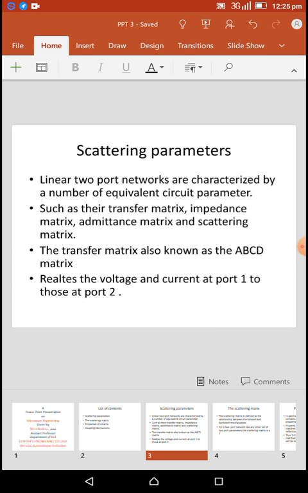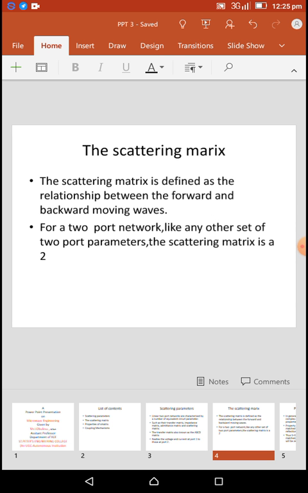You need to represent this in the form of a mathematical representation. V1 I1 equals ABCD into V2 I2. This is the transfer matrix. For the impedance matrix, V1 V2 equals Z11 Z12 Z21 Z22 into I1 I2. It is the impedance matrix. We will discuss it in the coming topics.